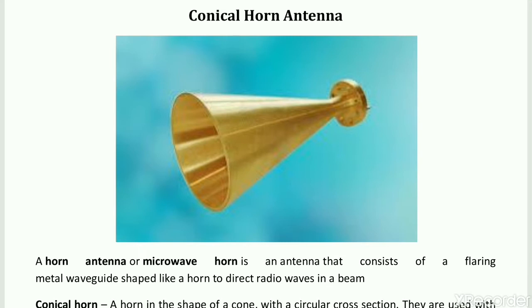As there is no obstacle to the radio waves coming from the waveguide, they will easily transmit into space. So the directivity and the gain of the horn antenna will increase because of the insertion of flaring at the opening of the waveguide. These are some basic principles of the horn antenna and how it transmits into space.